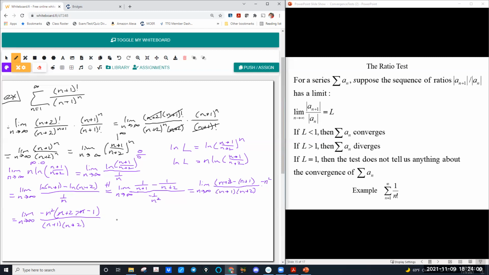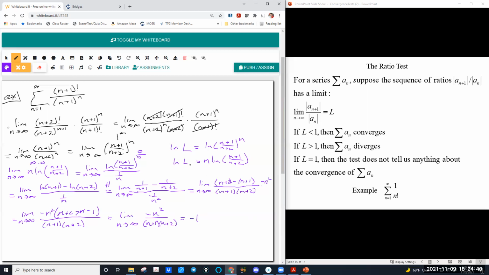So negative n squared times 1 is negative n squared. So we have the limit as n goes to infinity of negative n squared over n plus 1 times n plus 2. Now, if I were to FOIL this out, I would have an n squared as my lead term on bottom. So knowing what we know about rational expressions, I've got a negative n squared over an n squared. We could also do L'Hopital's, but I know we're running low on time. This limit is going to come out to be negative 1.